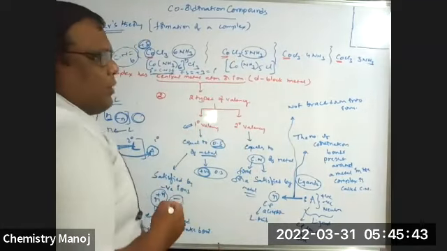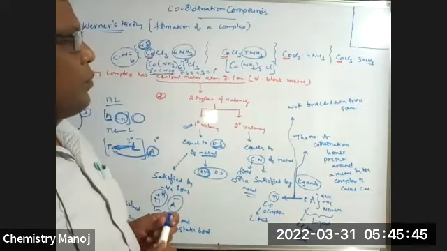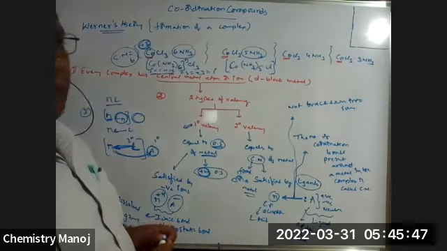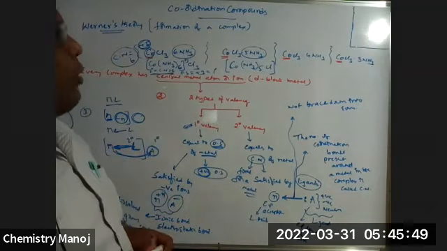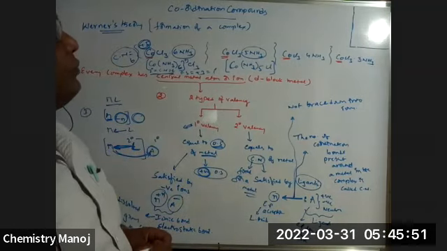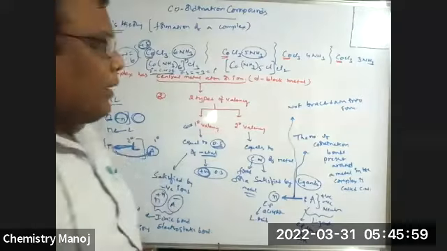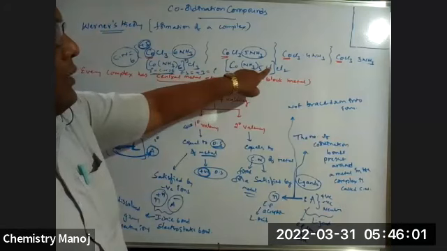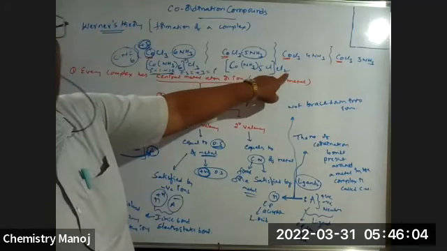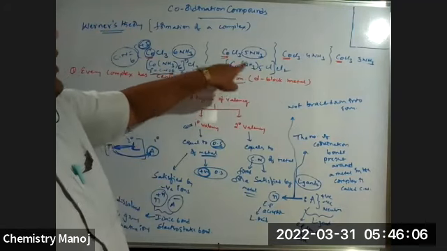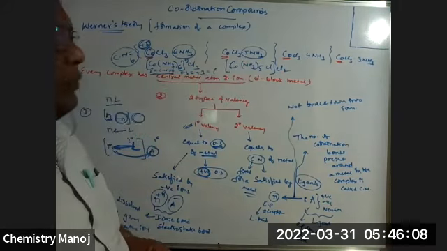Now the coordination number is 5 plus 1, 6. How many chlorines remain? 2 chlorines outside. But the cobalt oxidation state is +3, because this one is minus 1 and these 2 are minus 2, overall minus 3, so this is plus 3. Now it is clear? Yes, sir.